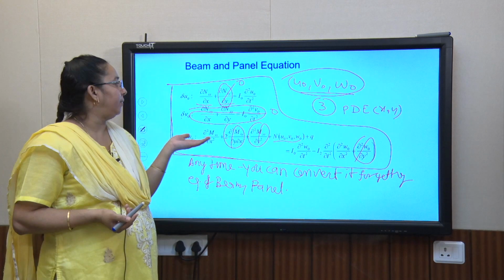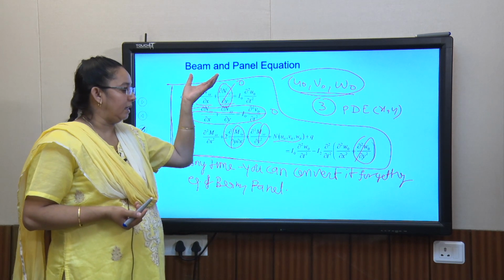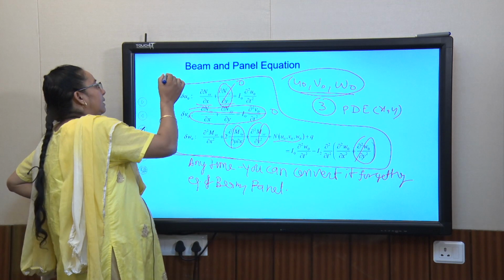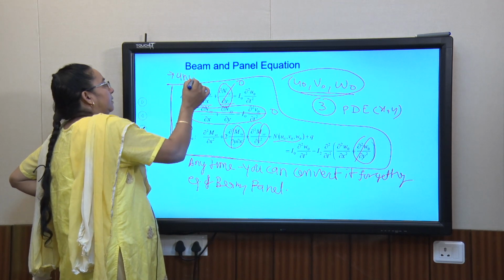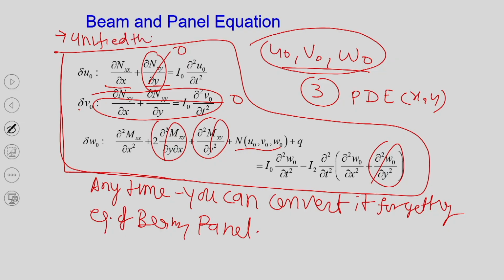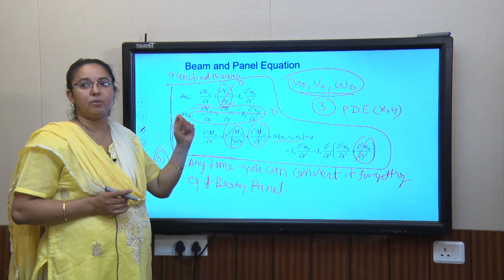Similarly, there are very famous unified theories that use some indexes delta 1, delta 2, delta 3, so that a single formulation based on these indexes will give you classical as well as first order and third order results, or whatever your special case may be, refined or layer wise. So, you need not make those formulations again and again.